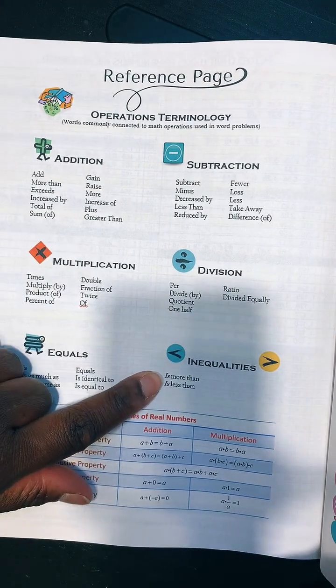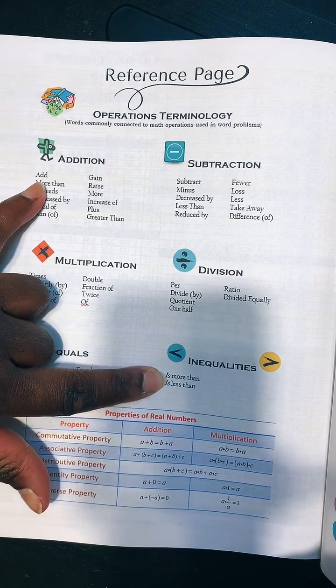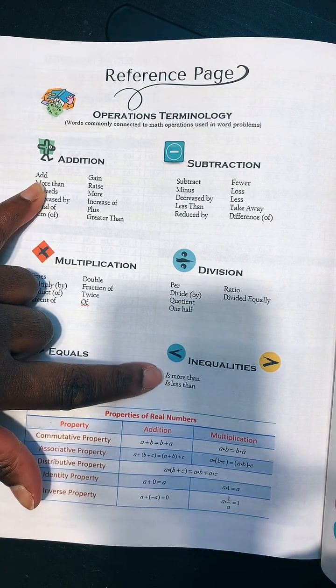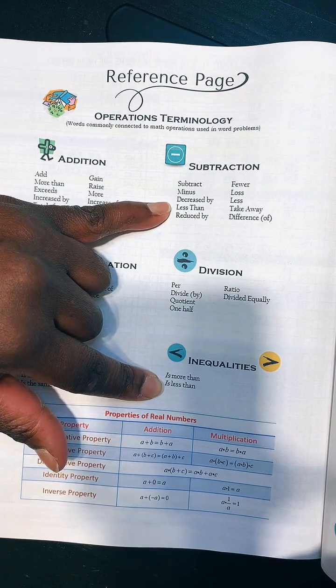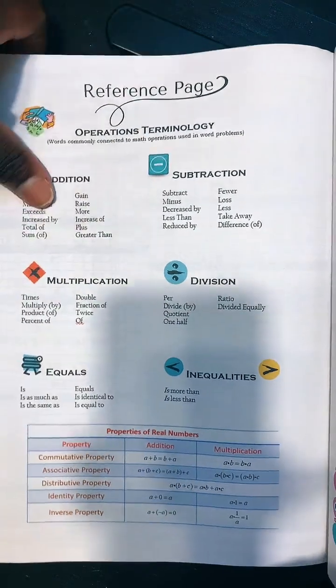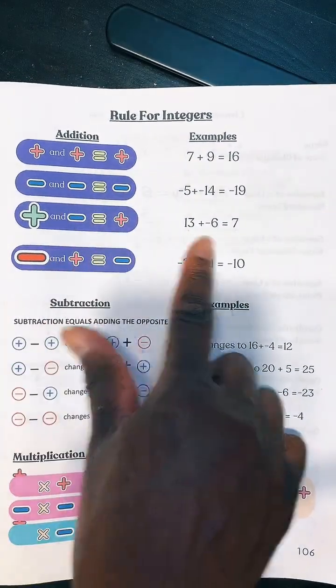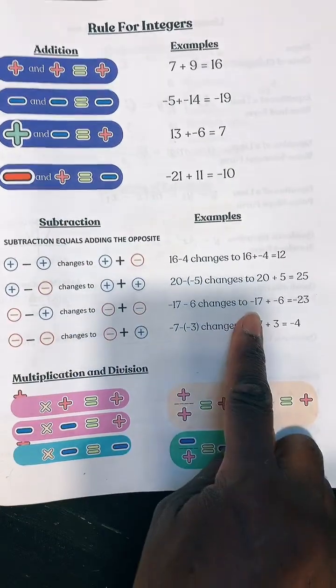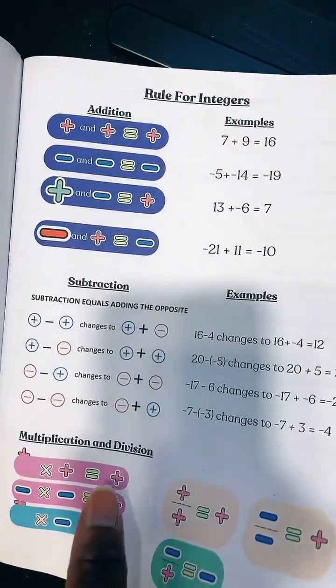There is a difference between "is more than" and "more than." "More than" is addition. "Is more than" is an inequality. The same thing with "is less than" compared to "less than." So getting to know that. The rules of integers for addition, subtraction, multiplication, and division are all down below.